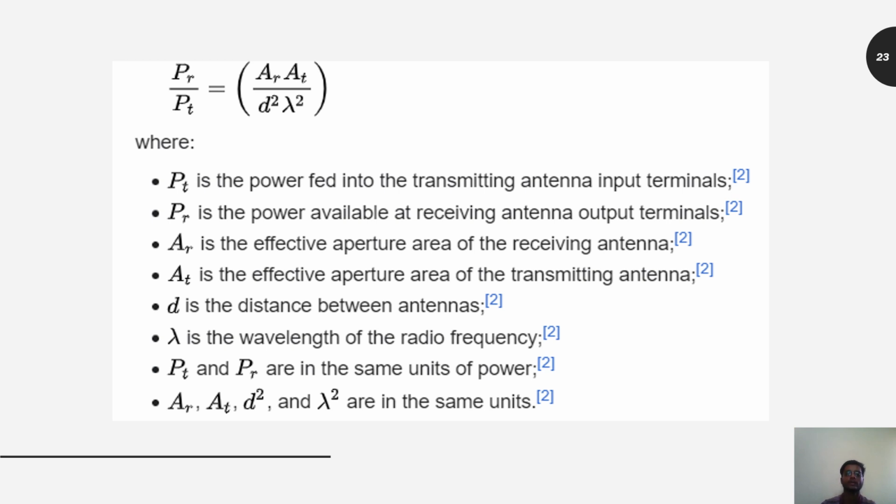AR is the effective aperture area of the receiving antenna. AT is the effective aperture area of the transmitting antenna. D is the distance between antennas. Lambda is the wavelength of the radio frequency. PT and PR are in the same unit of power. AR, AT, D squared and lambda squared are in the same units.